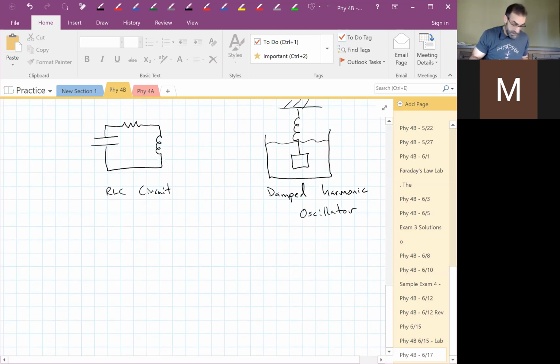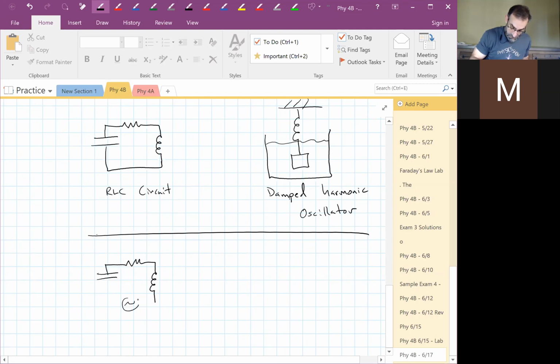And if we have a power source in there, then our circuit becomes a driven circuit, and that would be kind of like this. We'll take that same example.